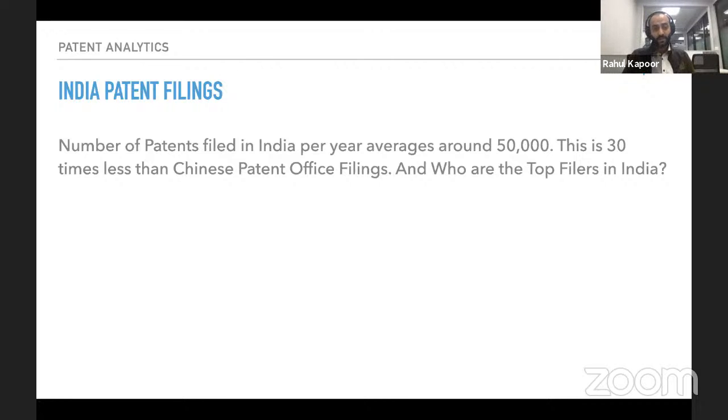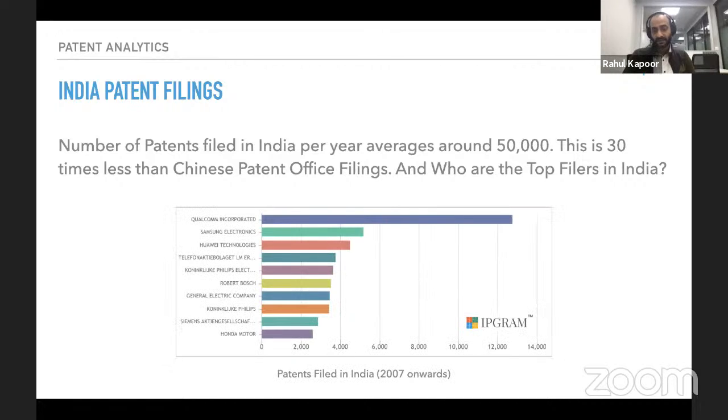What is even more incredible is who the top filers in India are. These are the top filing companies who are filing patents in India. We have this data in IPgram since 2007. You can see all these companies are foreign companies.